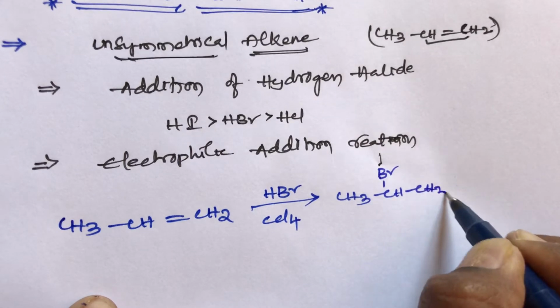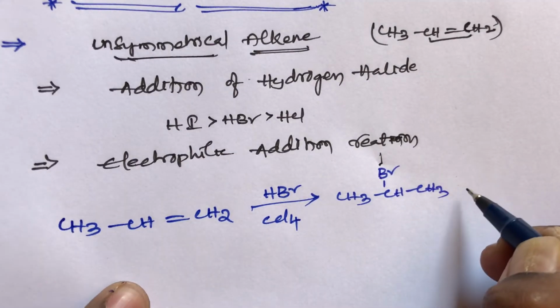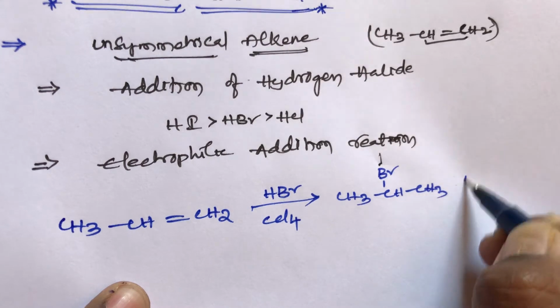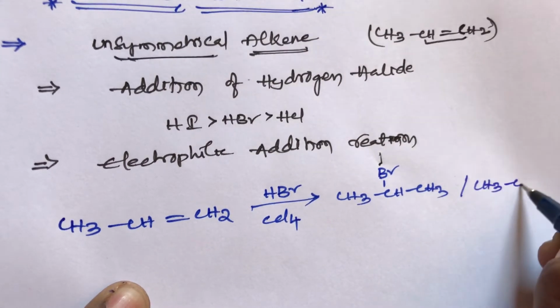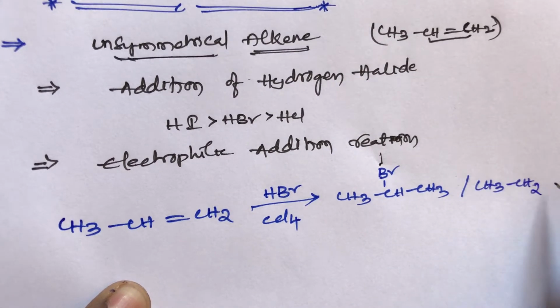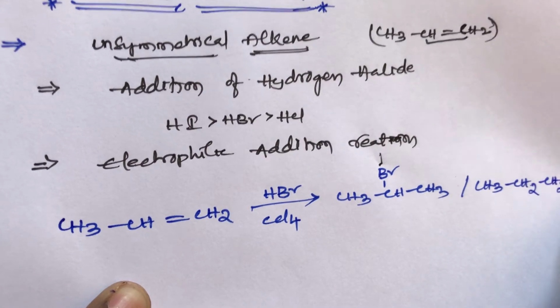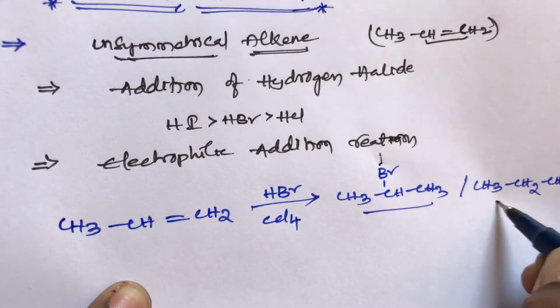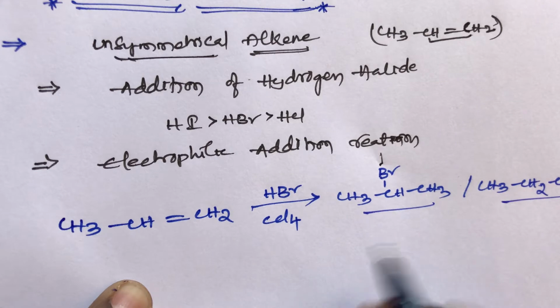This is the product. Another one is 1-bromopropane, CH3-CH2-CH2Br.